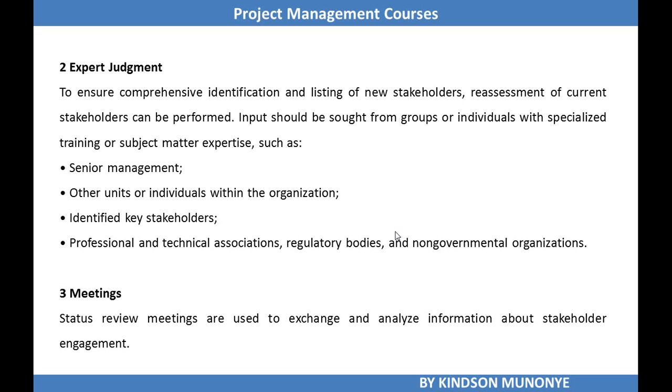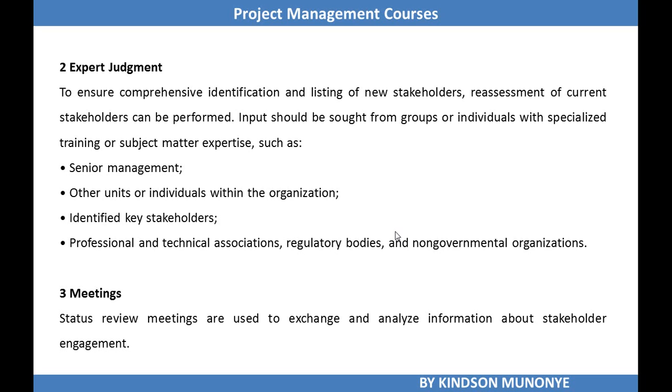Expert judgment allows you to use the knowledge from experts, people that are good in the field, or people that have worked on similar projects. They might include senior management, other stakeholders, and other units or individuals in the organization. It might be external parties like professional bodies or regulatory bodies.